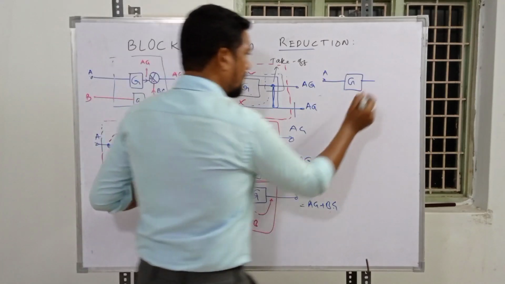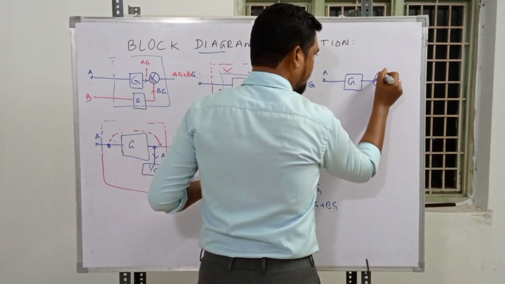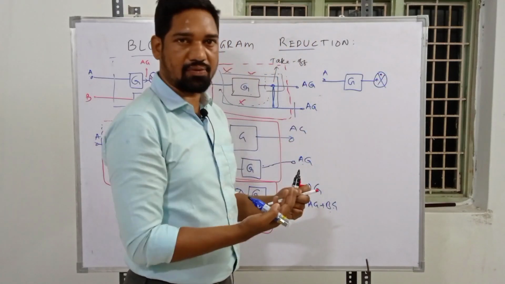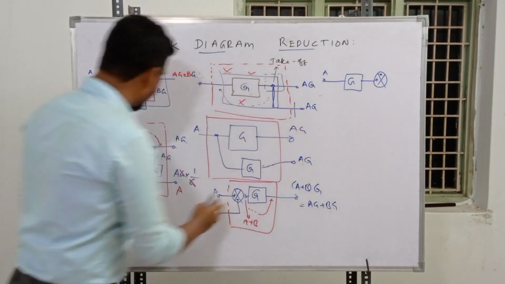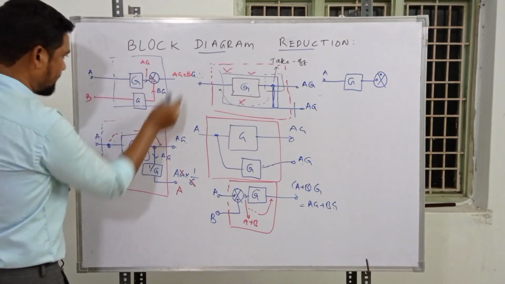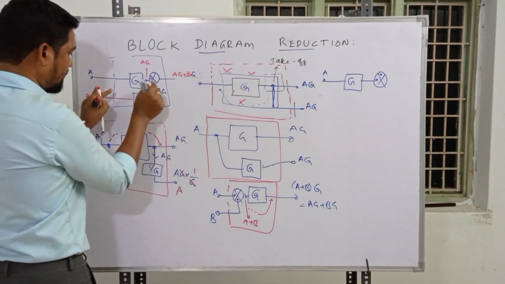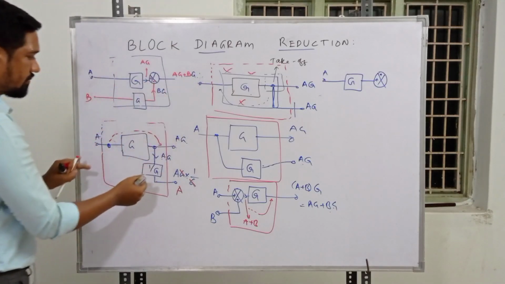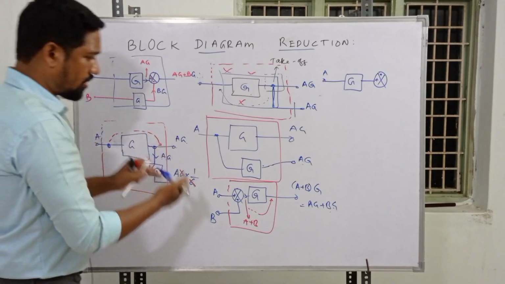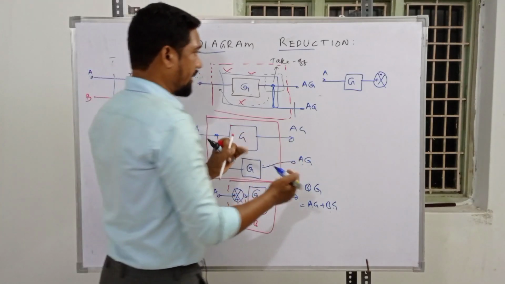We have a summing point with positive and positive. It may be negative also, the same process. You may have n number of blocks around this one, but close everything and focus only on the summing point and just the block, with respect to which block we are doing the modification.